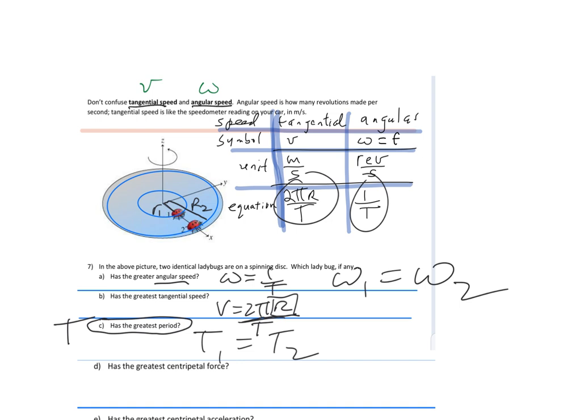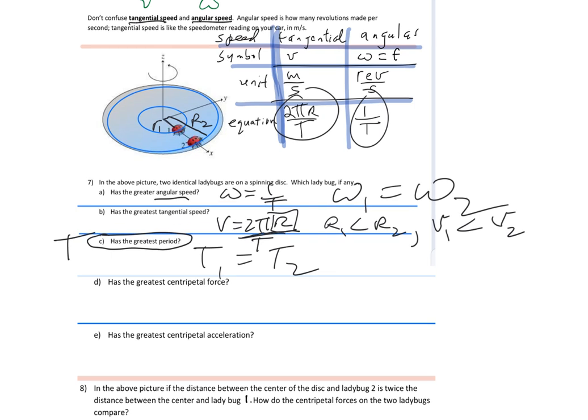So R1 is less than R2. Therefore, V1 will be less than V2. Ladybug 1 won't feel like she's whipping around as fast as Ladybug 2.